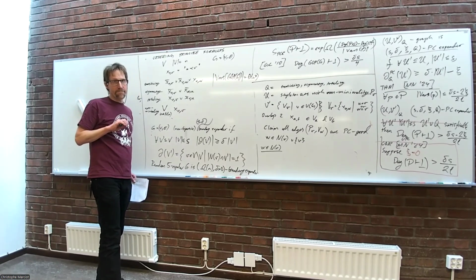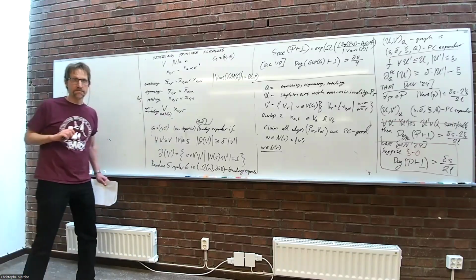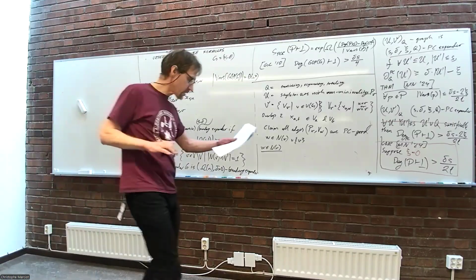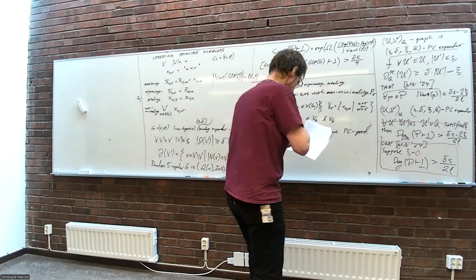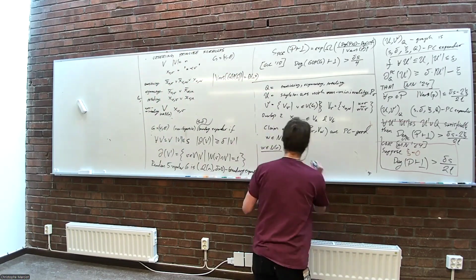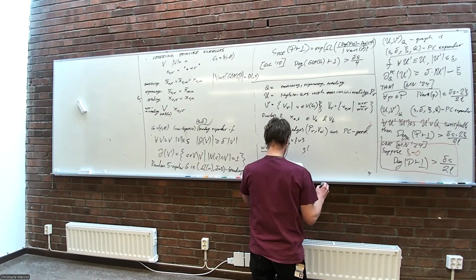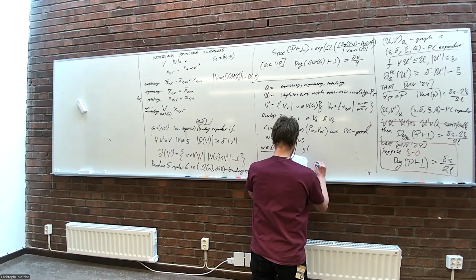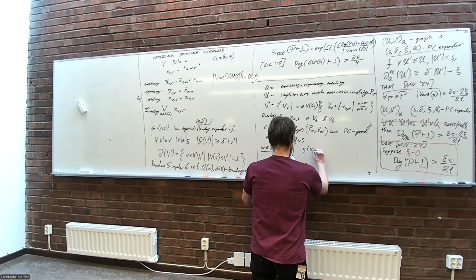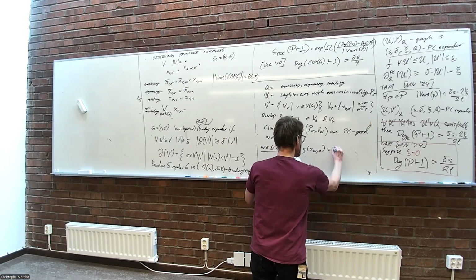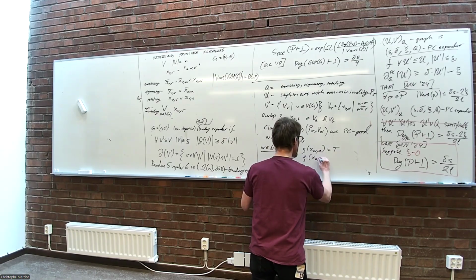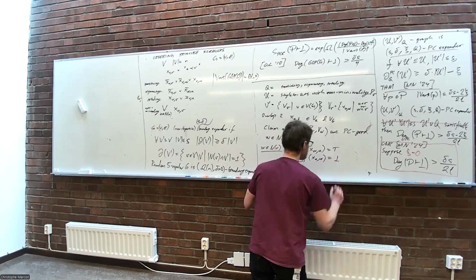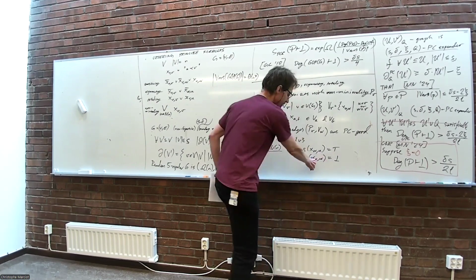Say W is the smallest among all, in fact. So I'm going to say that rho W U is true, and rho X U W is false. I have committed to this.